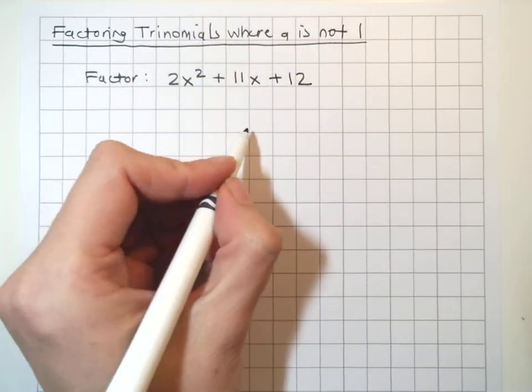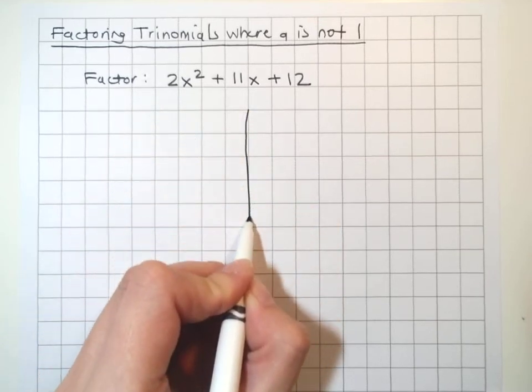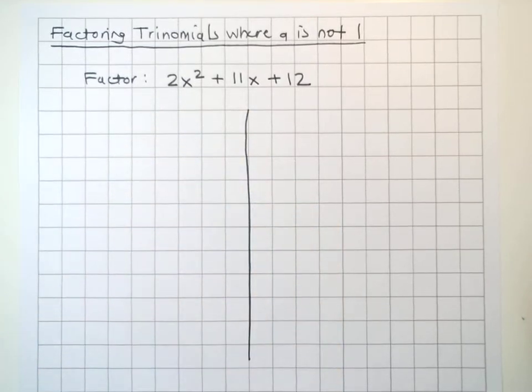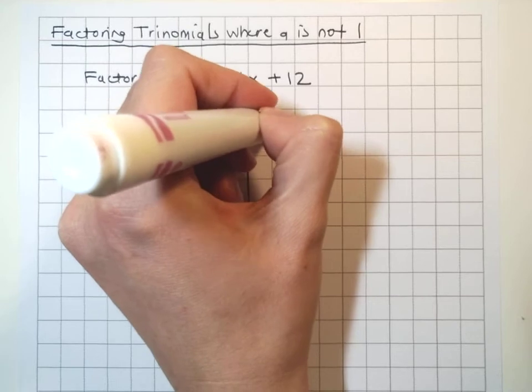So a lot of the steps are the same. There's just going to be some guessing and checking involved. So like last time, first we are going to draw a 2x2 box.